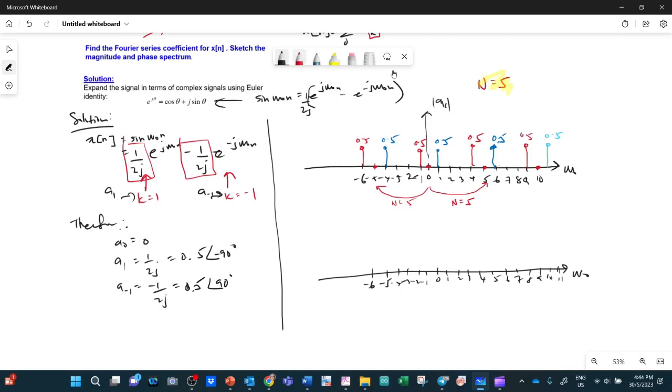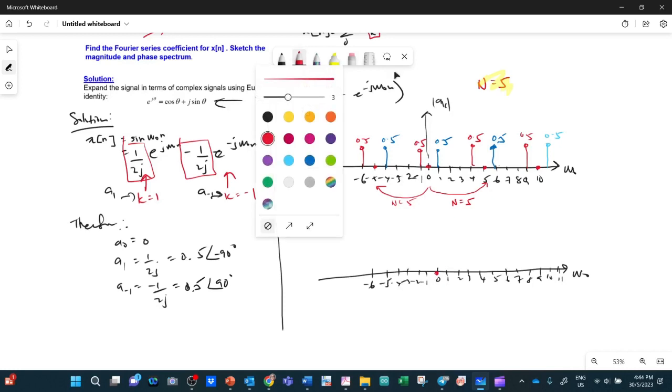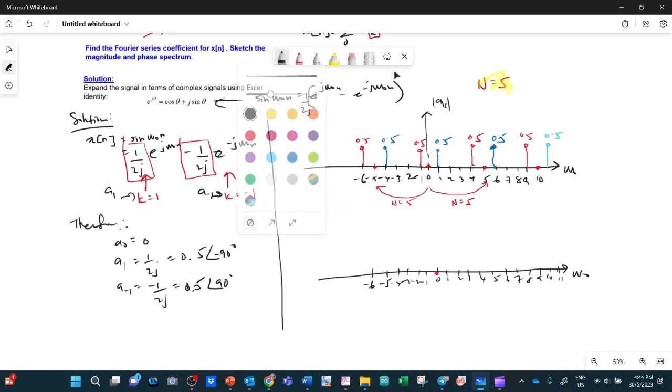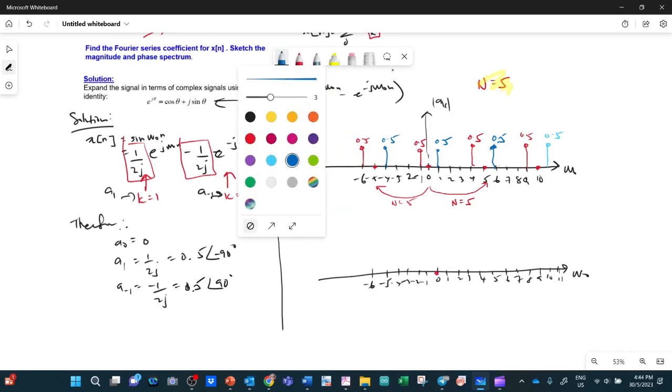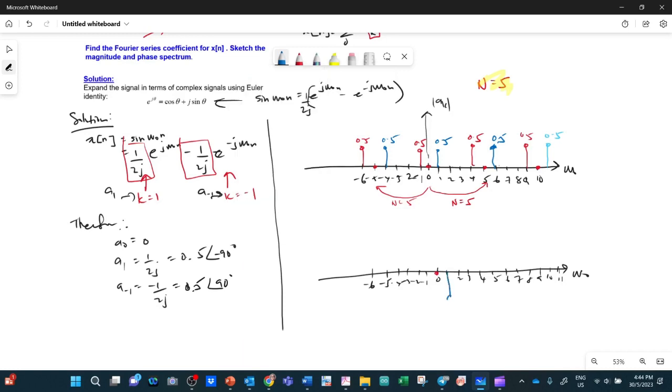At 0 you have 0, and at omega equal to 1 you have minus 90 degrees.